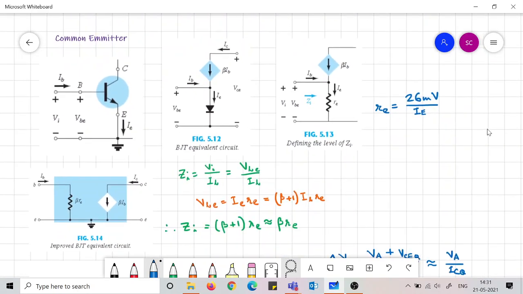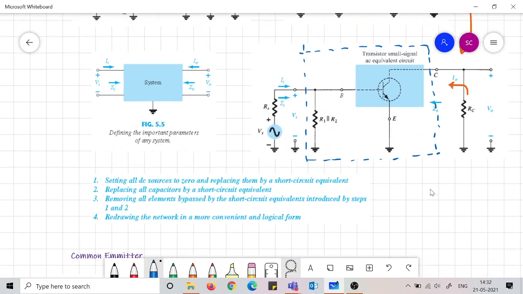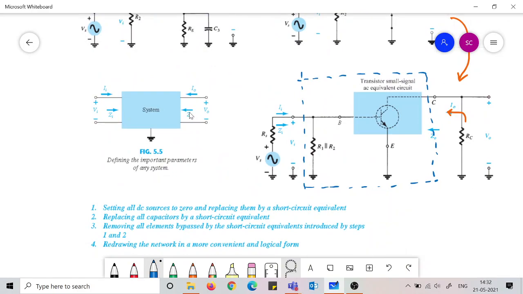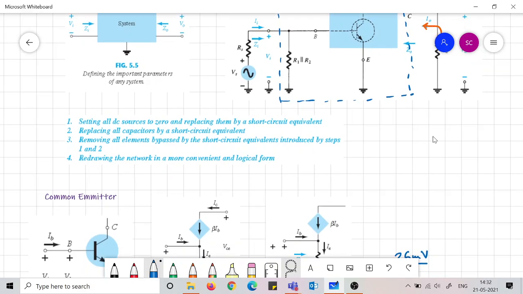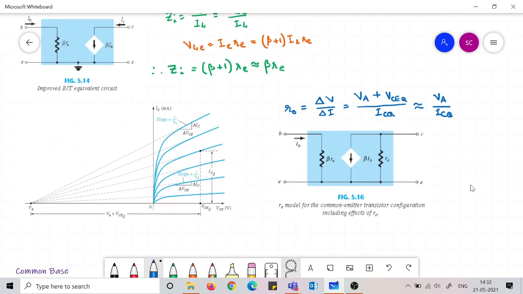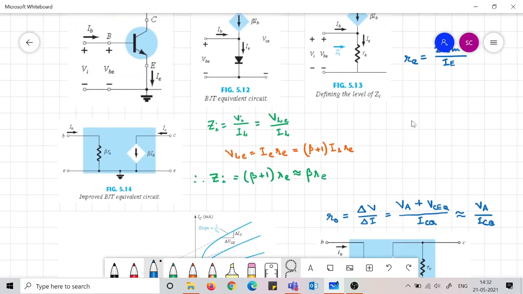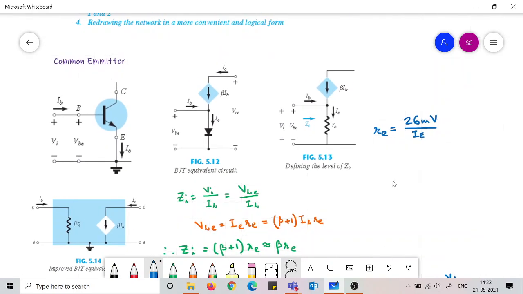Now we will check some configurations and try to ascertain Zi, Z0, and what would be the V0 for a particular Vi. Or in other words, we are trying to ascertain the gain. In these initial examples the gain is not coming, but we would be coming into the gain very shortly.